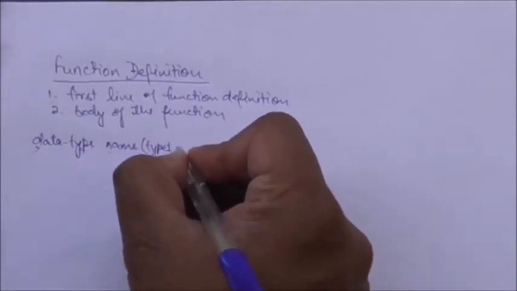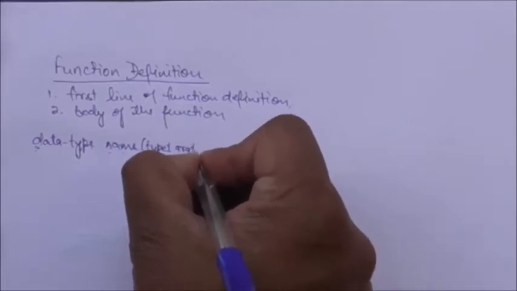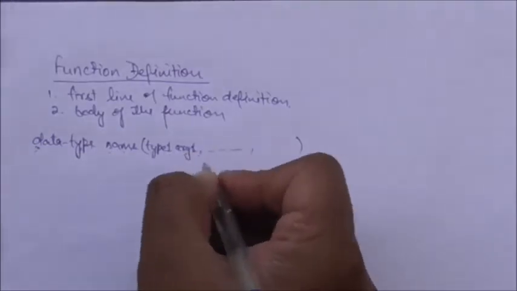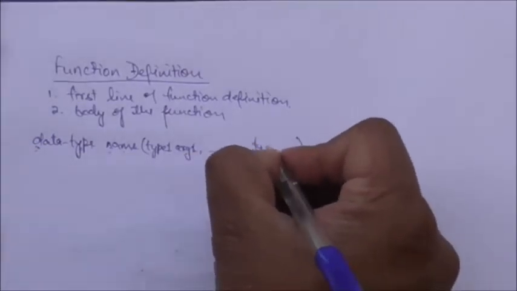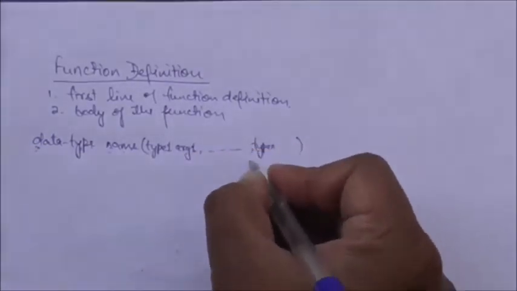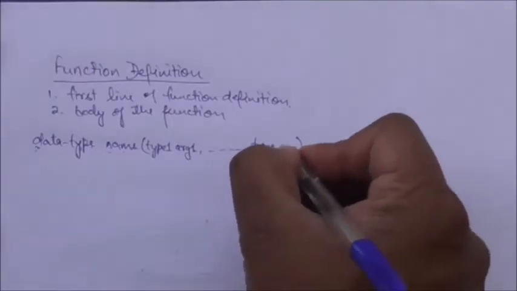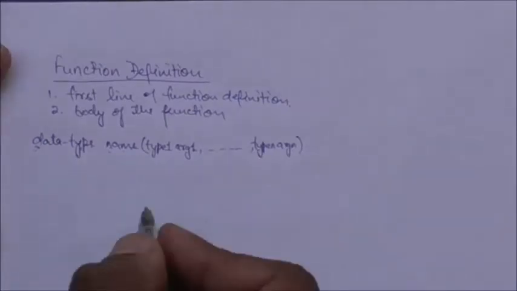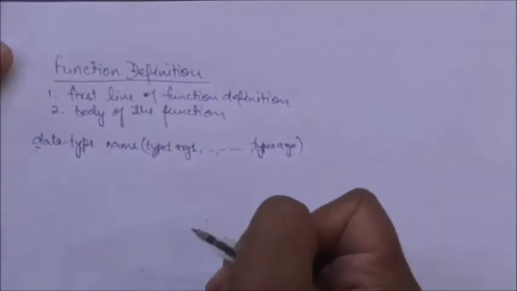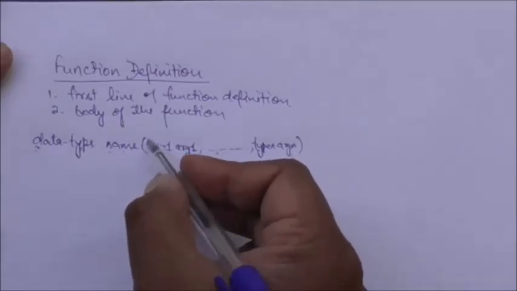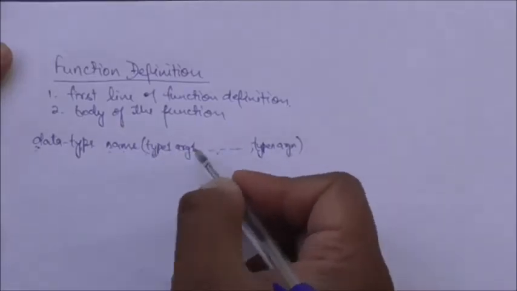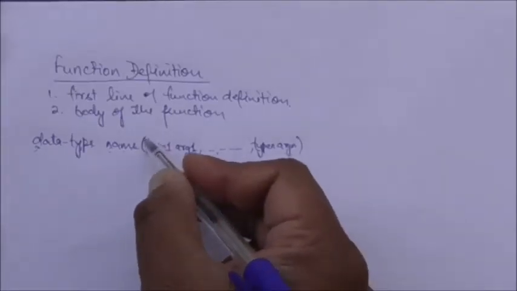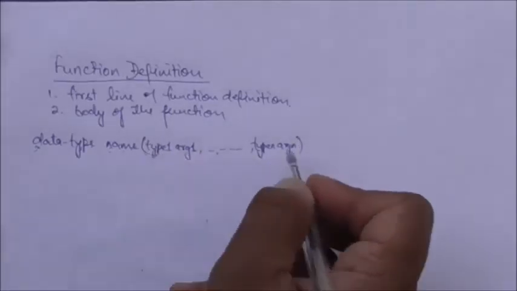Type 1 specifies the data type of the first argument, arg1 specifies the first argument, and so on. Suppose there are n arguments for this function, then type n specifies the type of the nth argument and argn specifies the nth argument. Now these arguments are optional. If the function definition does not have these arguments, then these brackets will be empty.